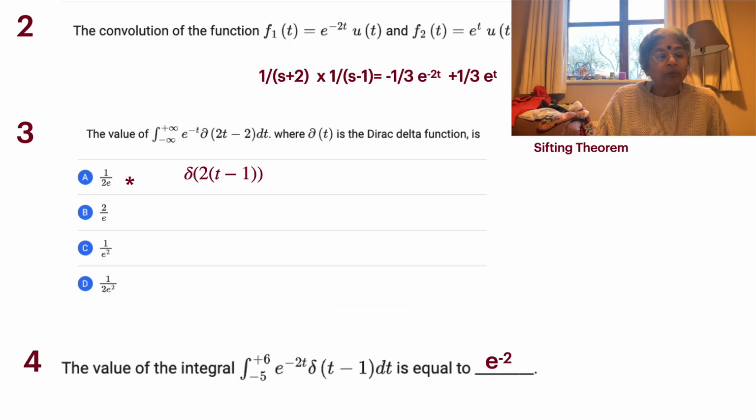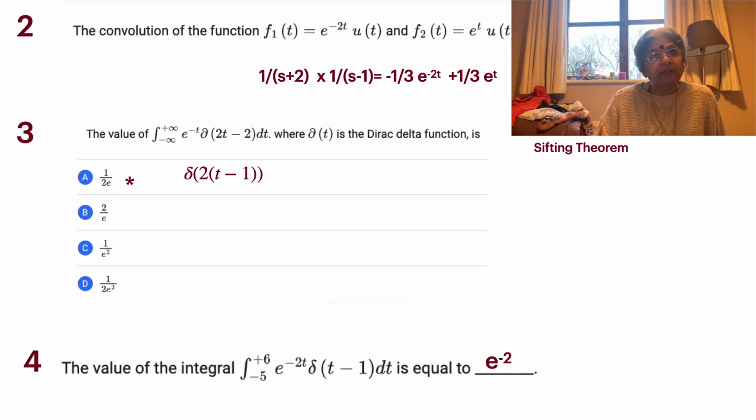When you integrate from minus 5 to 6, e raised to minus 2 is the coefficient, just the magnitude which is multiplying the impulse. When you multiply by an impulse, only at a particular point, the functional value of that particular point alone comes out.